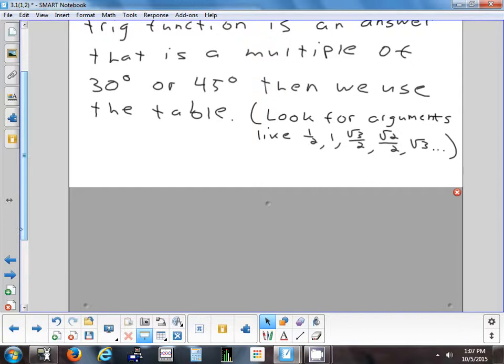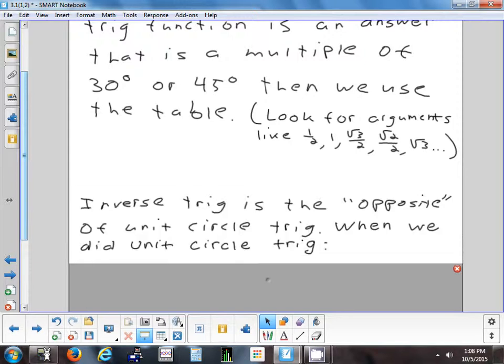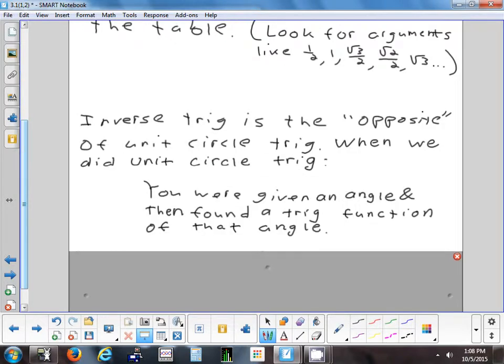All right, so I'm going to just try to put this in perspective, kind of what we did last week, what we're doing this week, and how they're different. Basically what we did last week and what we're doing this week are the opposite of each other, kind of the opposite kinds of questions. This is what we did last week.